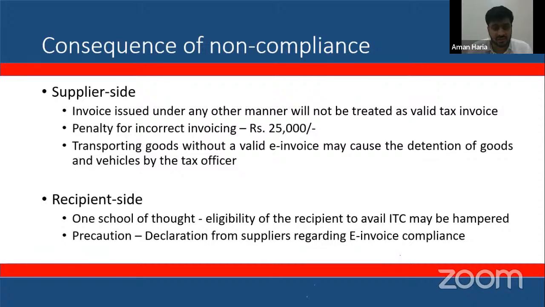So if you receive such a note in the tax invoices issued by certain taxpayers, then you understand they are specifically exempted from e-invoices. But for other suppliers or vendors, we would request you to obtain a declaration from them so that you as a recipient do not suffer wherein your ITC is questioned for eligibility. I hope the consequences of non-compliance are clear.